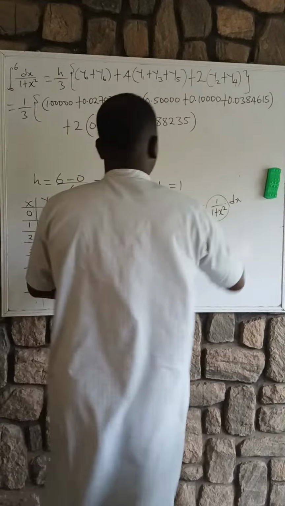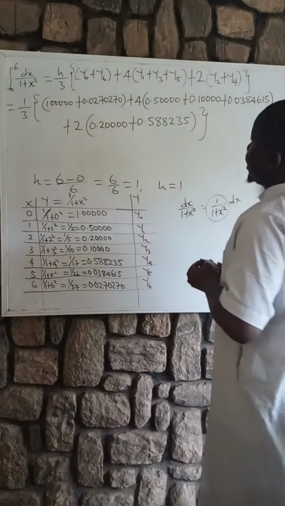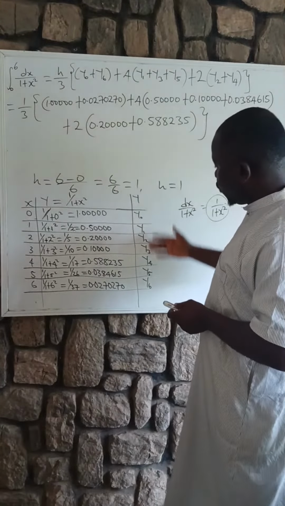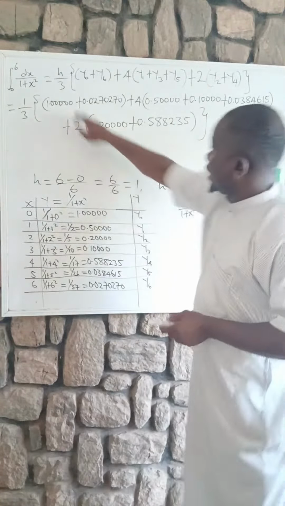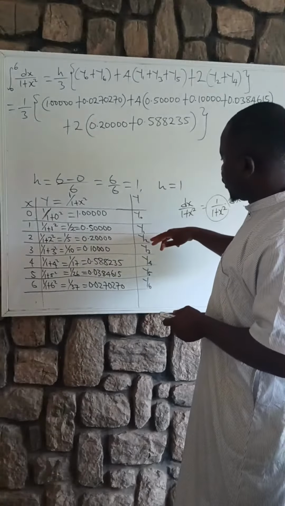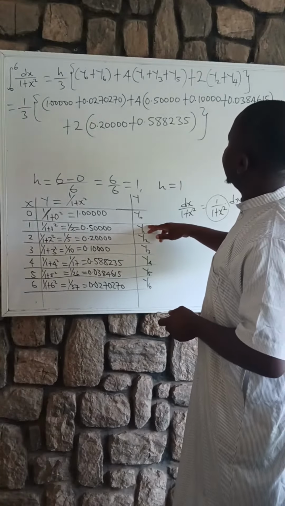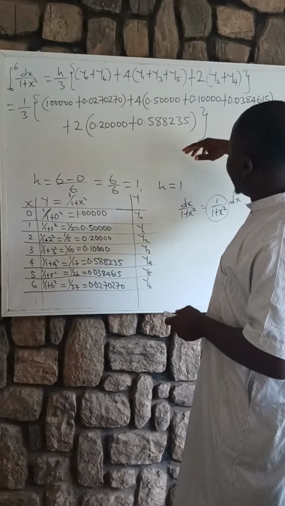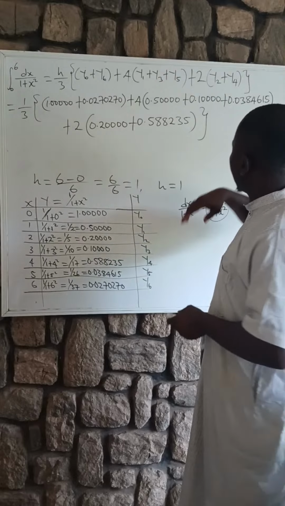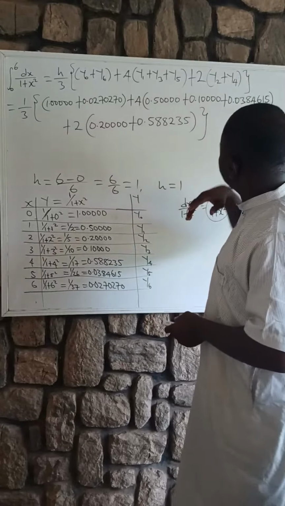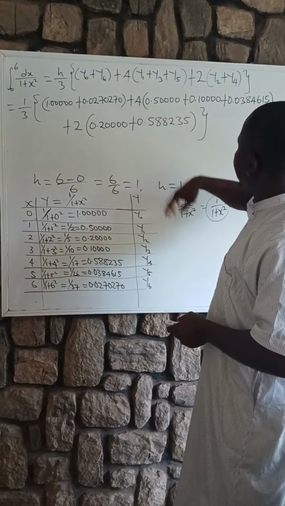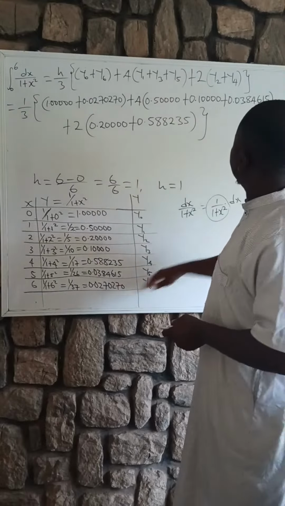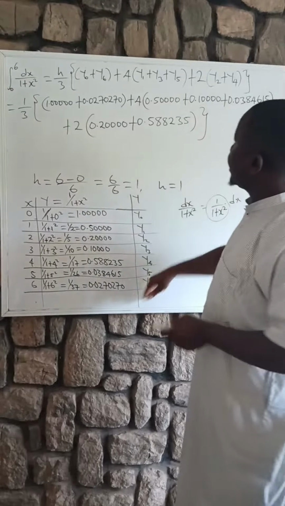Then we close the brackets, and as you can see, all the y's are used here. y naught is this, y1 is this, y2 is this, y4 is this, and y5 is this. Then y6 is this.